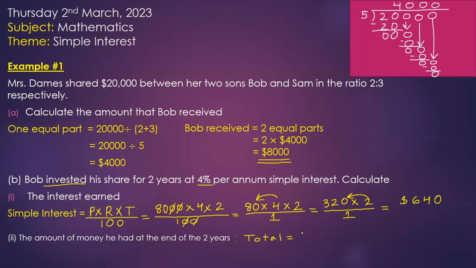So the total is going to be what? $8,000 added to $640. And so $8,000 plus $640 is going to be what? $8,640.